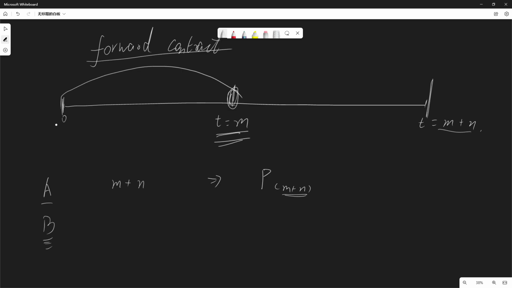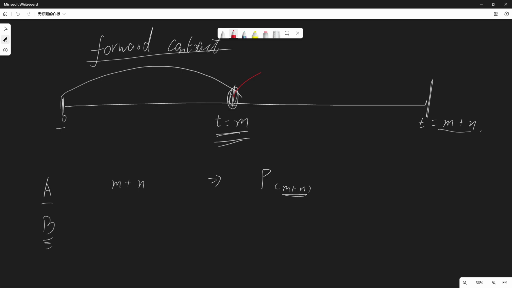So during the time 0 to time m, B is just holding the forward contract to buy a certain bond at time m at a certain price. And that contract was about, of course, a zero coupon bond.